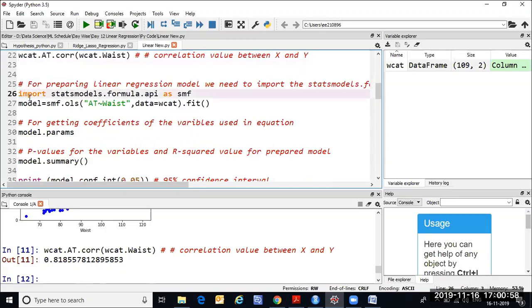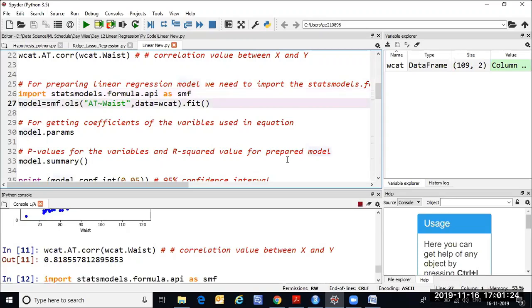Now, to build the linear regression model, you need to import from the statsmodels library the module called smf. The formula API is the submodule that you need to import.